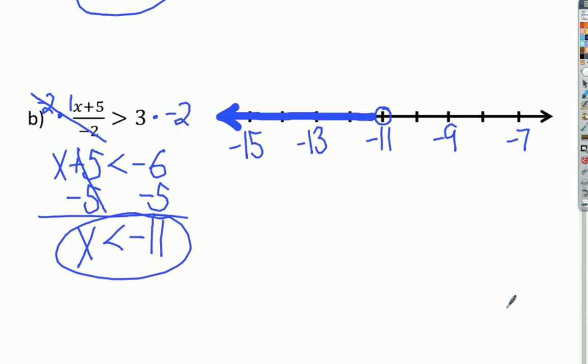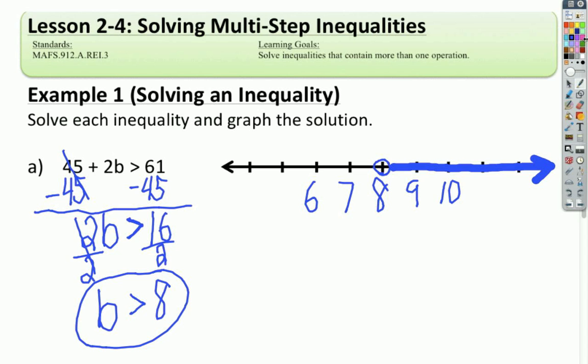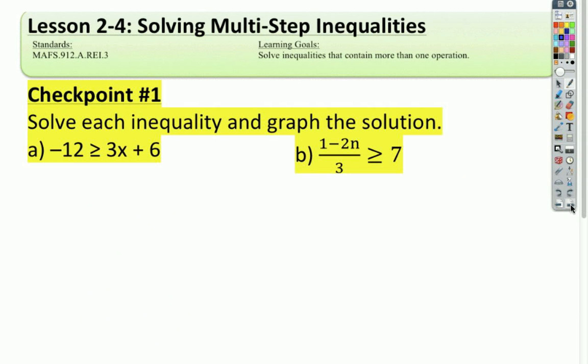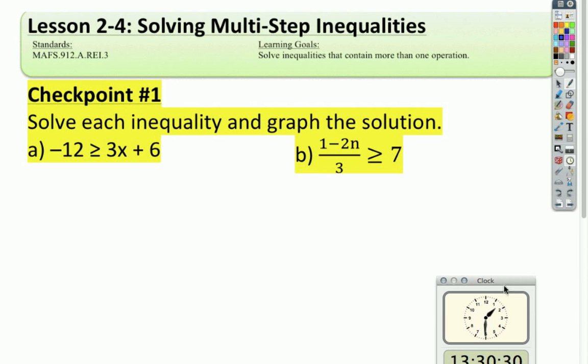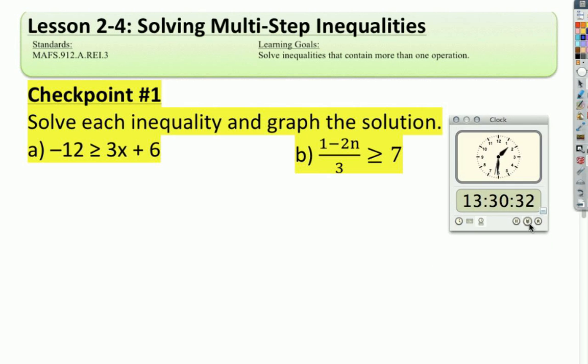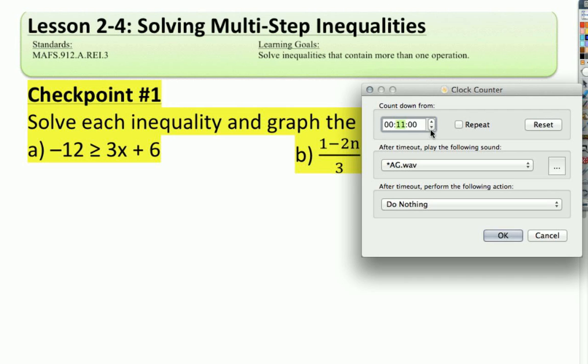Any issues whatsoever? Okay, so let's see how we do on checkpoints. Checkpoint number 1, you got 2 questions, 2 inequalities to solve and graph. I'm going to put 3 minutes on the clock. That's a minute and a half per question.